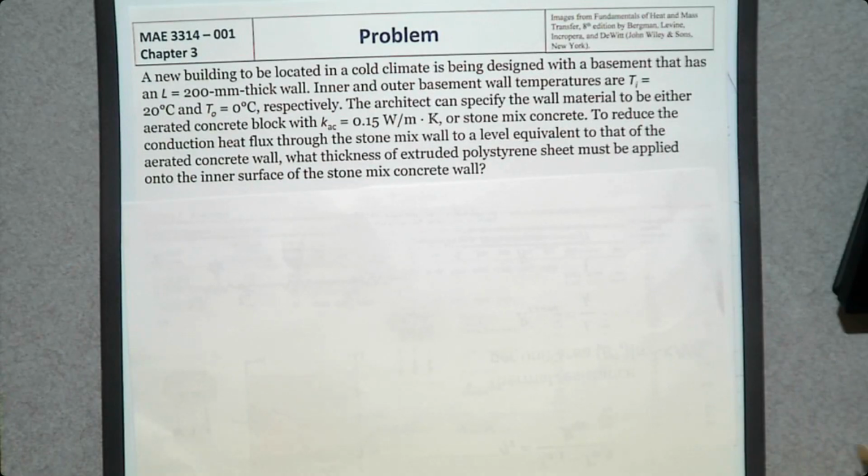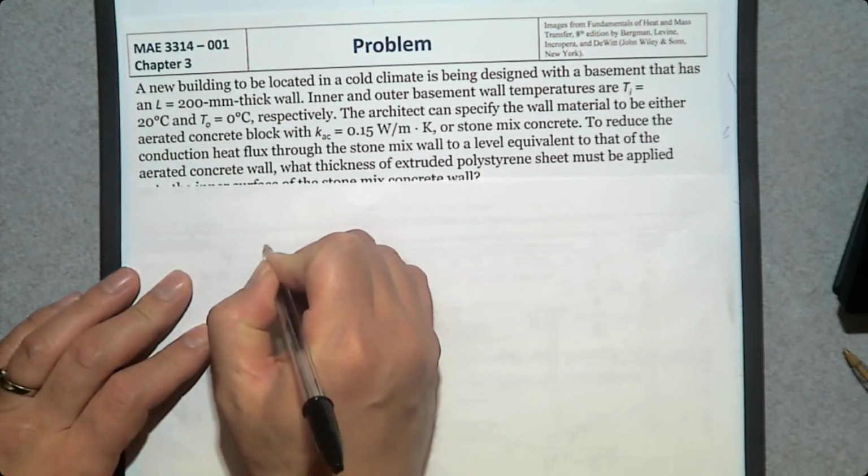Okay, so we have a new building to be located in a cold climate. It's being designed with a basement. So we have a basement that has a 200 millimeter thick wall. So this is the wall of the basement.